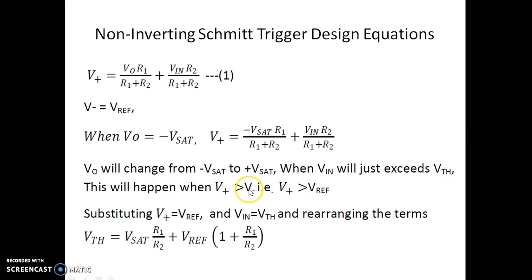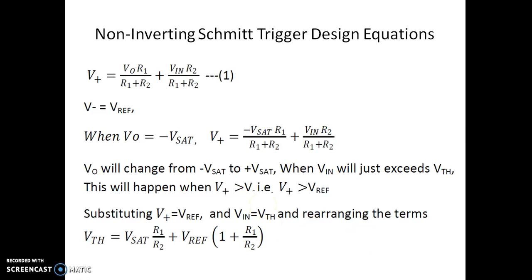This will happen when V plus is more than V minus, that is, V plus should be more than V reference. Substituting V plus as V reference and the corresponding input voltage as the higher threshold voltage, and rearranging the terms appropriately, we get the expression for VTH as Vsat into R1 by R2 plus V reference into 1 plus R1 by R2.